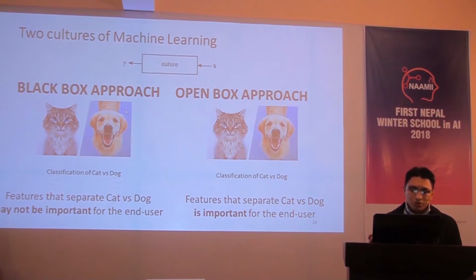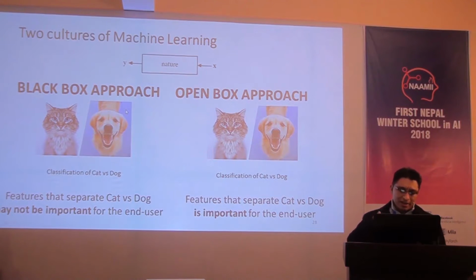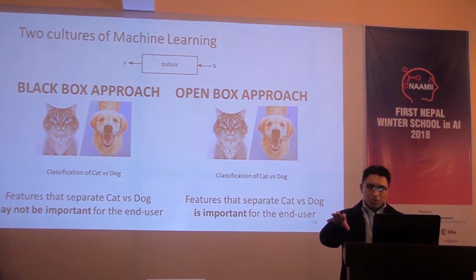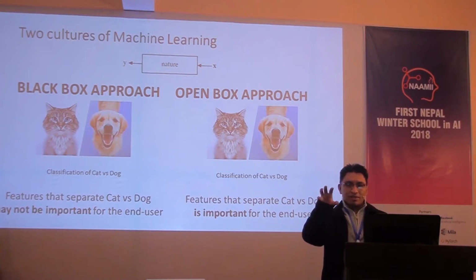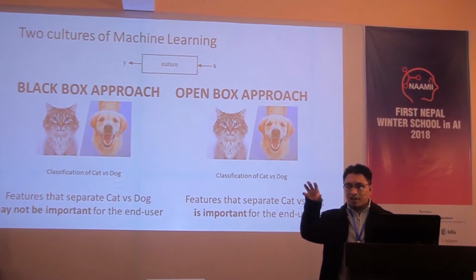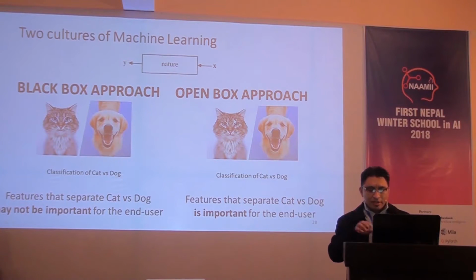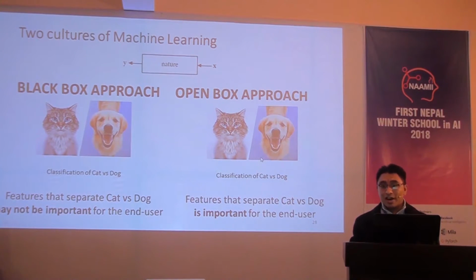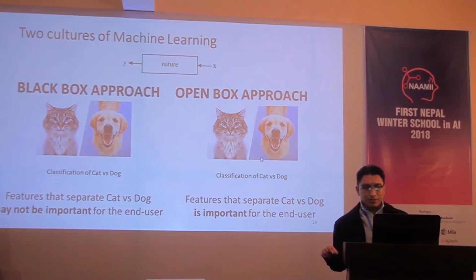In the black box approach, we are mostly interested in the classification problem rather than looking at the features. But in the open box approach, we have some prior knowledge about how a cat looks or how a dog looks, and the features that separate cats and dogs are essential for the end users.